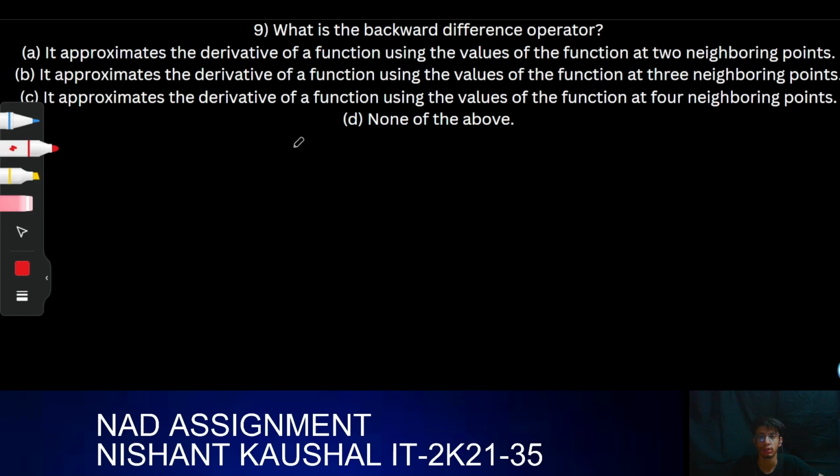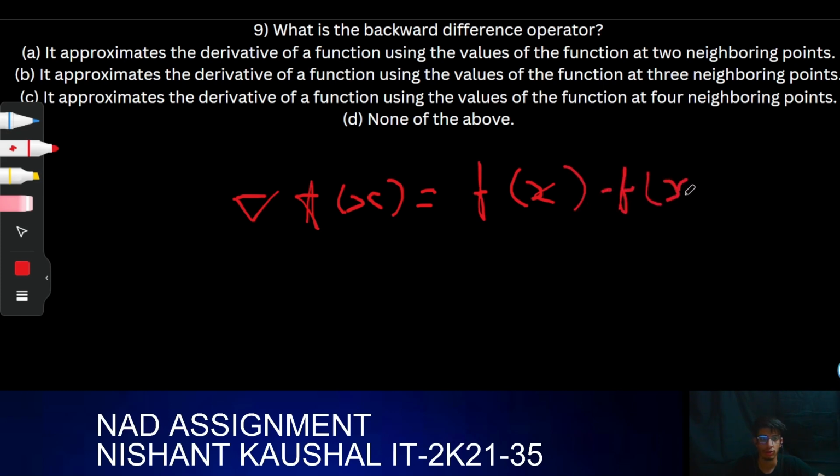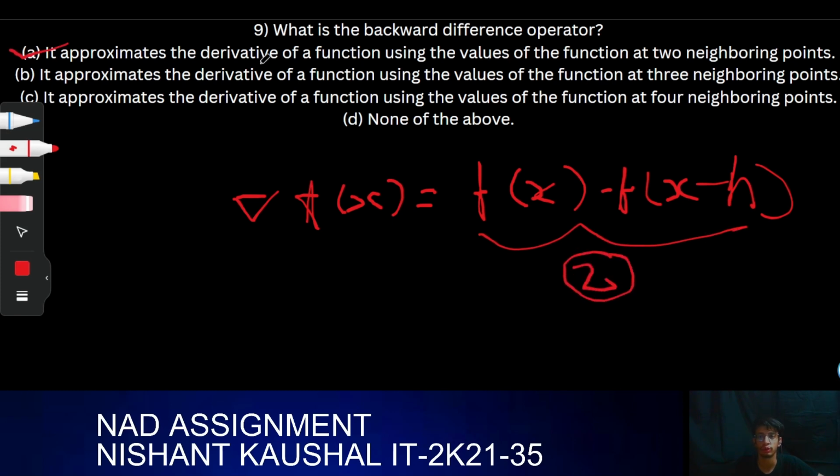So let us write the backward difference operator, that is ∇f(x) equals f(x) minus f(x minus h), right? So as we could see, it is working on two neighboring points. So answer should be A. It approximates the derivative of function at two neighboring points. So answer would be A.